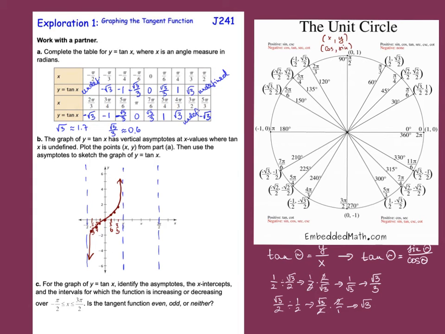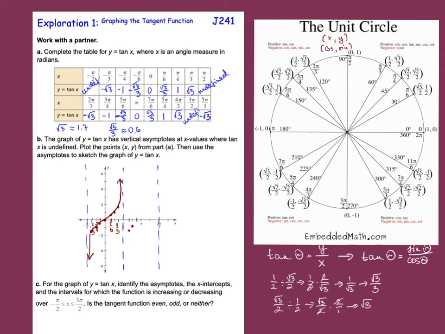So now I'm going to graph a second cycle. So we are going to continue the graph. So we arrived at, after the vertical asymptote at pi over 2, we arrived at 2 pi over 3, where we have a negative root 3, which is about negative 1.7. So that's down here. Then we have negative 1 at 3 pi over 4.